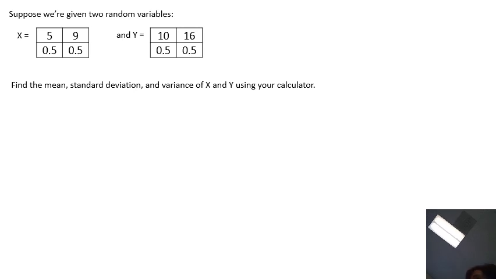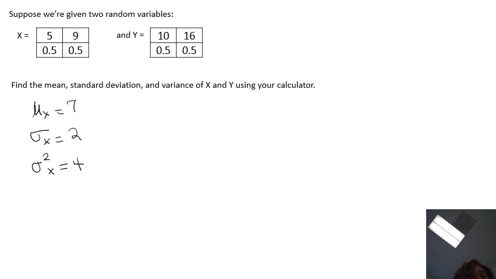Okay, now that you've found them, this is what my calculator indicates. The mean of the random variable x is 7. The standard deviation of x is 2, so the variance of x would be 4.